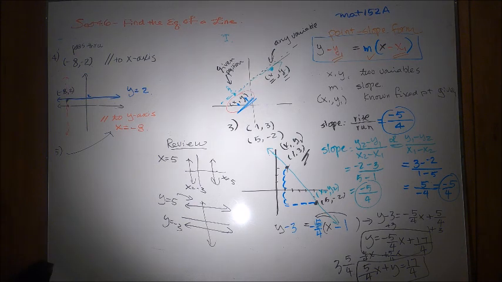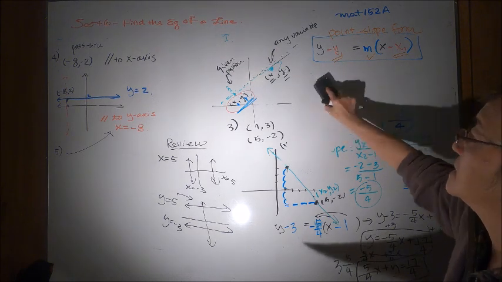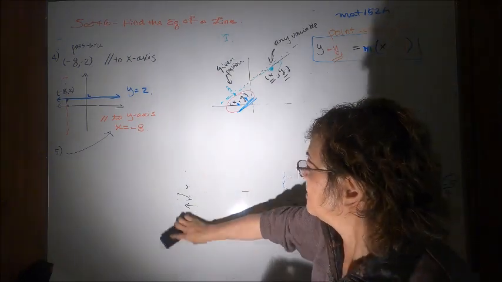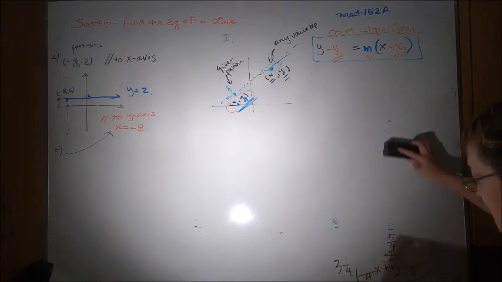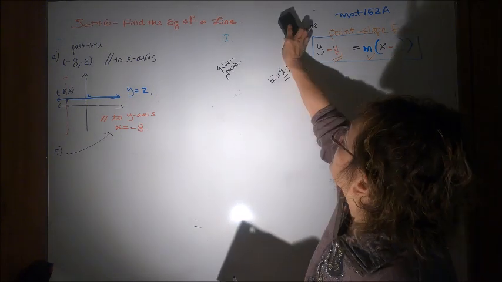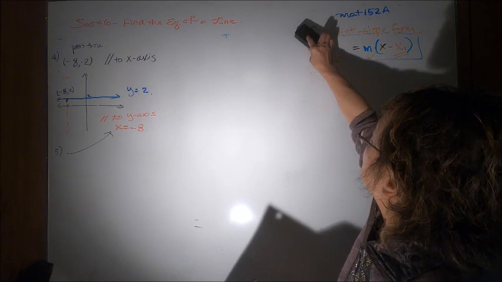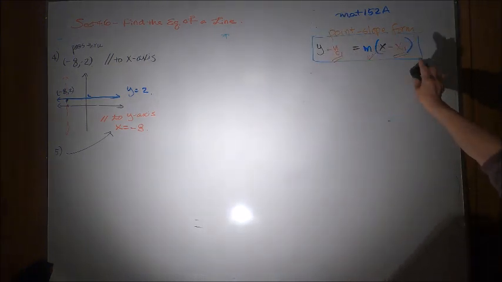So think about it. What have we been talking about in this section? We are doing the opposite of before. Instead of giving you an equation and asking you to graph it, where we have 3 methods to graph it, now we are giving you a point and a slope, then asking you to write what?